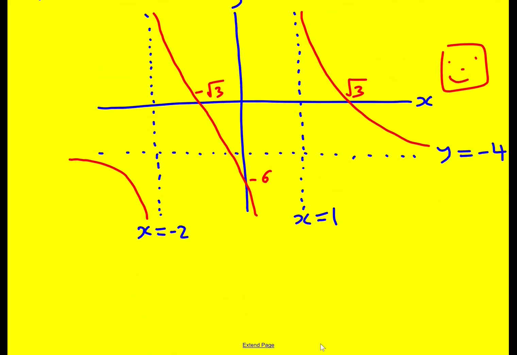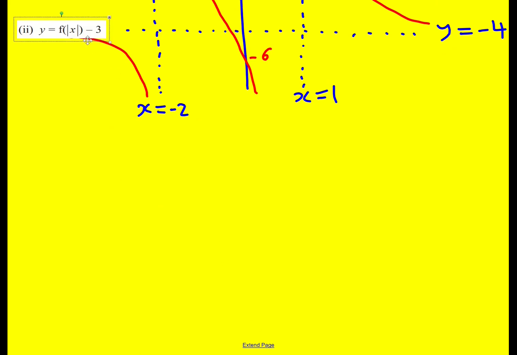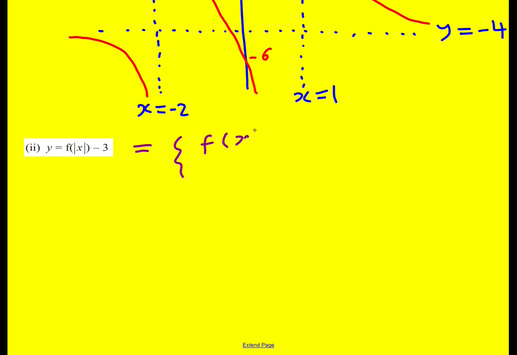We now have a second function to sketch. Okay, we've got a modulus involved. So don't forget, if x is greater or equal to 0, then this is simply this function here, f of x minus 3. And if it's less than 0, then we make it f of minus x minus 3.